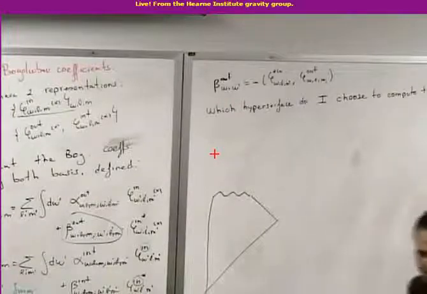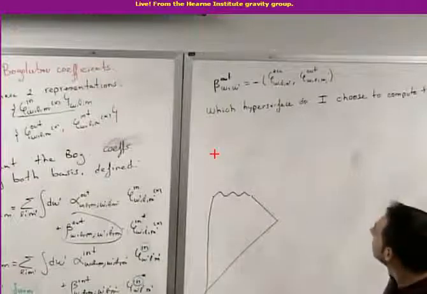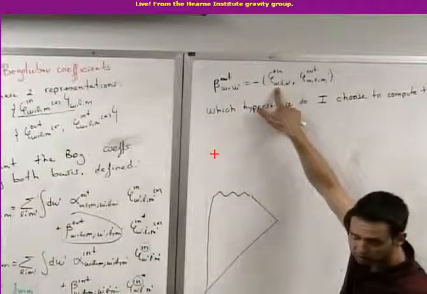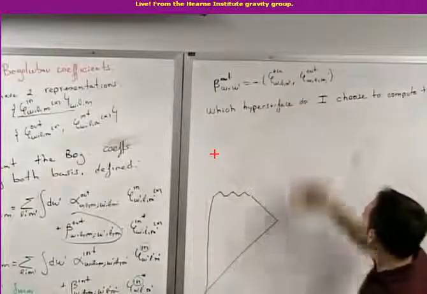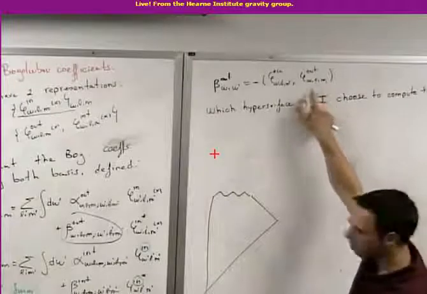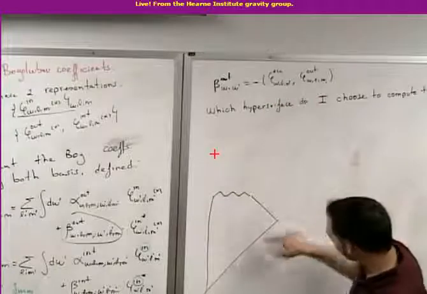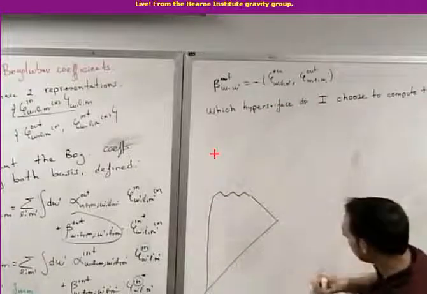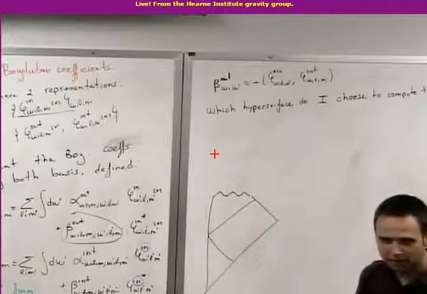Because we know the in modes completely at scri minus; they are very simple here, just positive frequency modes. But the out modes are positive frequency modes at scri plus. So to do the integral at scri minus, I would have to take a mode at scri plus and propagate it back to here.